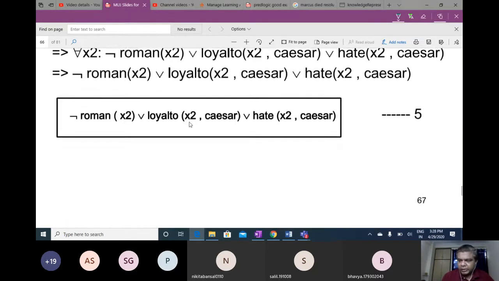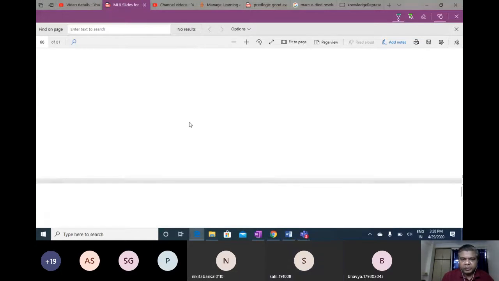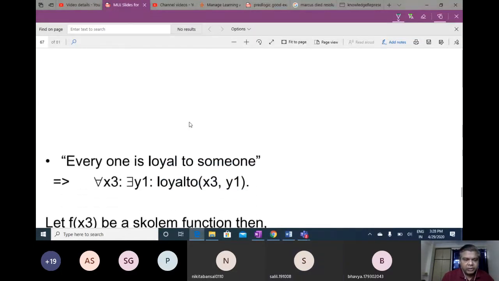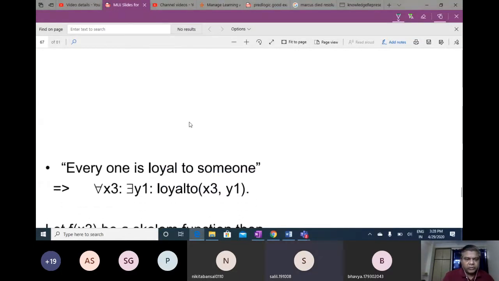There is some variable which is existentially quantified. The next one is loyal to: everybody is loyal to someone. Sir, you can see this one. Here there exists y1 such that loyal to x3 y1. In this case y1 has to be replaced by some function or constant because we have to remove the existential quantifier.